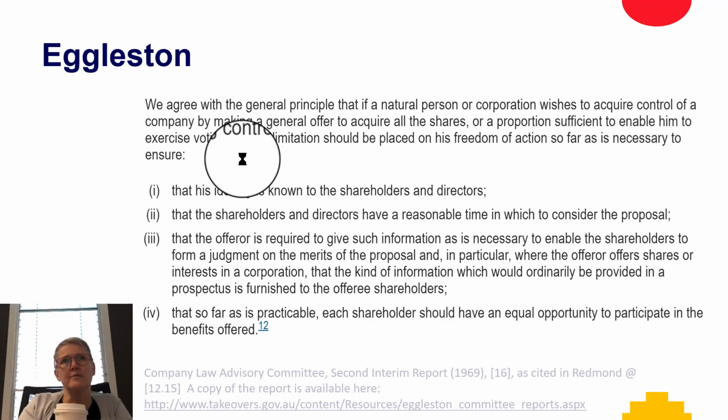The shareholders and the directors have a reasonable time in which to consider the offer that they're being given. The offer itself needs to include all the information that's necessary to enable shareholders to form a judgment on the merits of the proposal, and in particular, if the offeror is offering shares as opposed to cash in another company, the kind of information which would ordinarily be provided in a prospectus is given to the offeree shareholders.